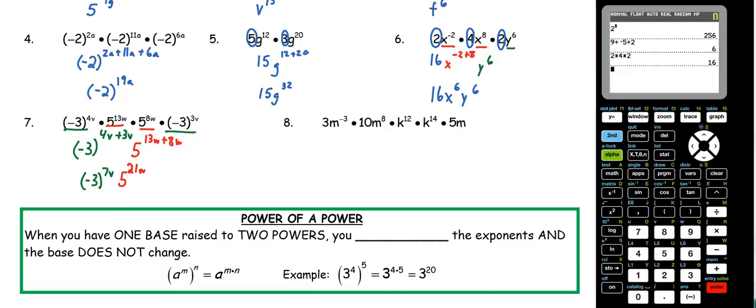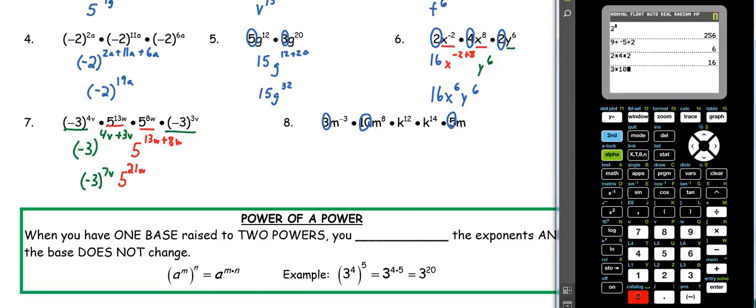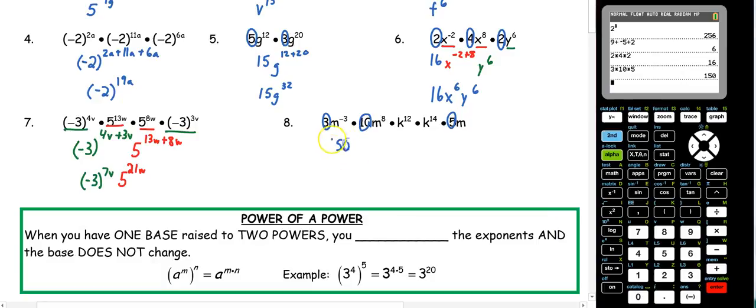Number 8. So when I look at number 8, I see numbers, again, that do not have an exponent. 3, 10, and 5. So 3 times 10 times 5. Remember, coefficients are going to be multiplied, so we get 150. Then I'm going to combine my m. So I have m to the negative 3, m to the 8th, and just m.